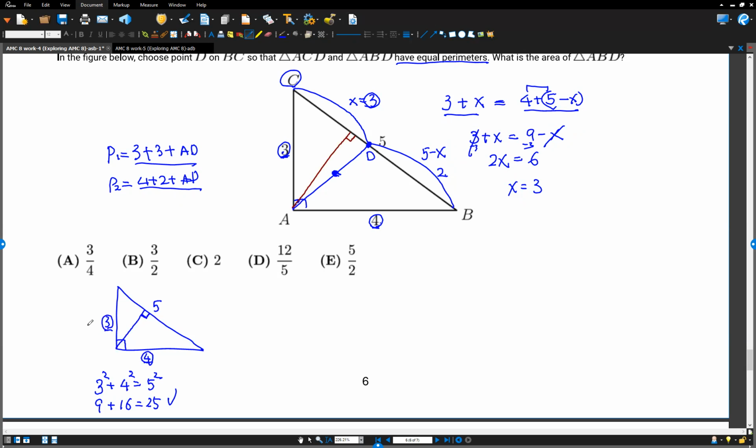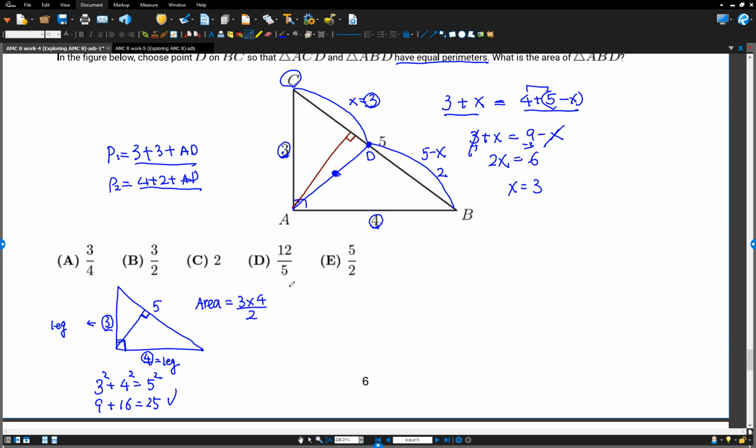In a right triangle, the name of this side is leg. This is also a leg. We have two legs, but one leg is longer than the other. That's fine. Because they are perpendicular, the area of this triangle is 3 times 4 divided by 2.